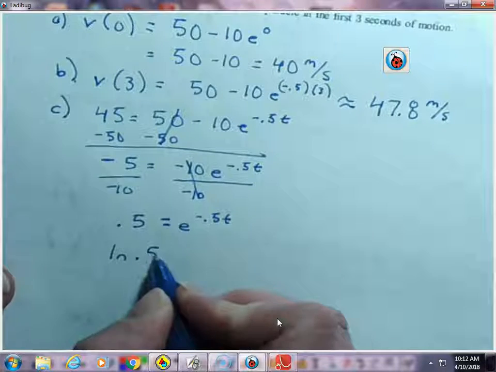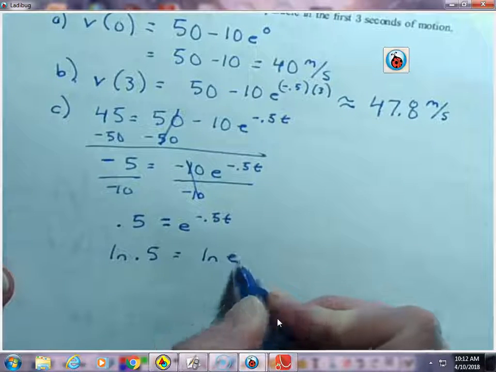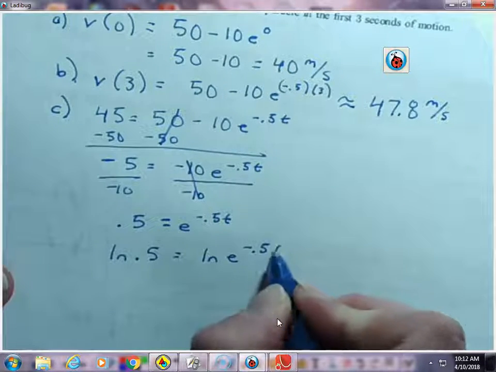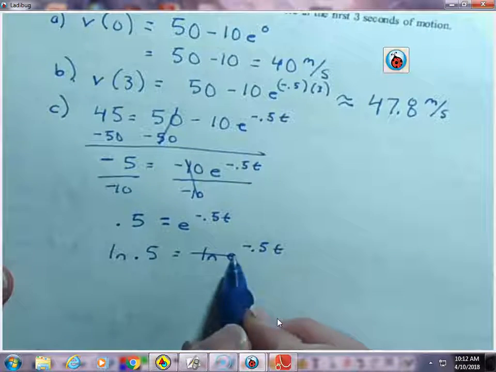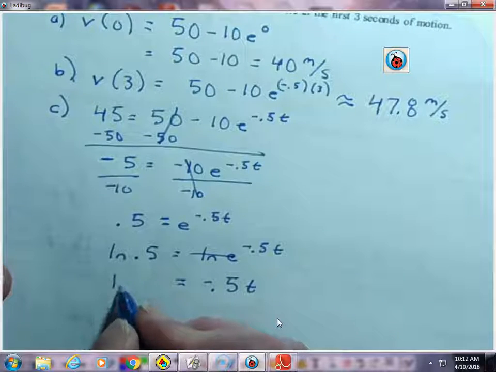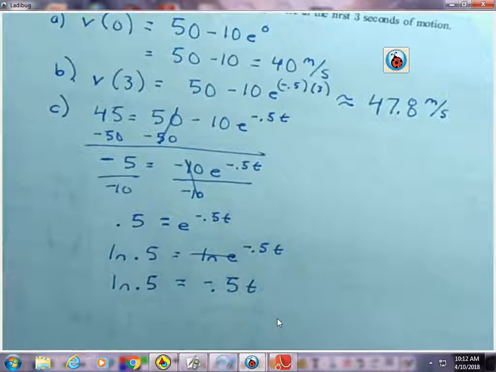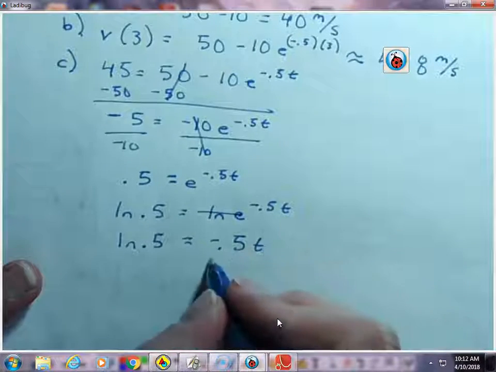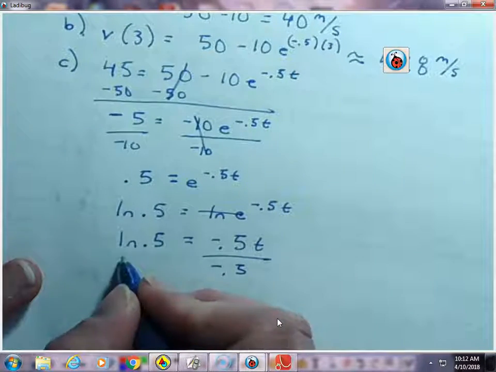All right, so ln of both sides, or just change it to log form, your choice. But these undo each other. They're inverses. See, this is your brush up. You need brush ups on your old skills. Okay, so ln of both sides, ln and e are inverse operations. Last thing is just to divide by negative 0.5.